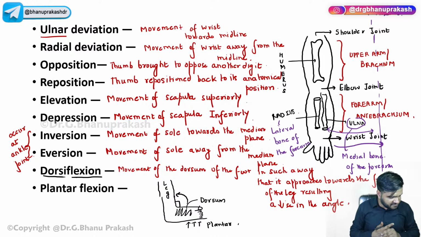That is called as the dorsiflexion, guys, right? Dorsum will go upwards towards the leg, so that there is a decrease in the angle.